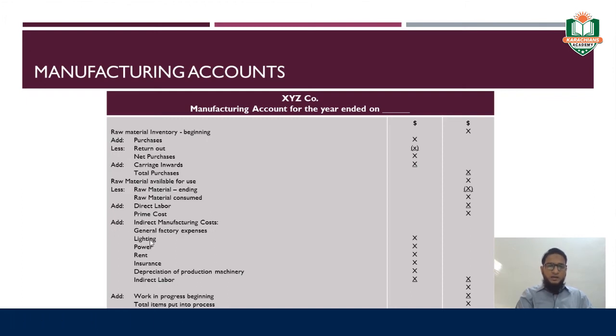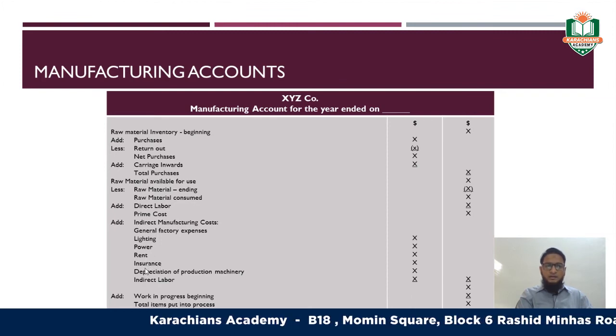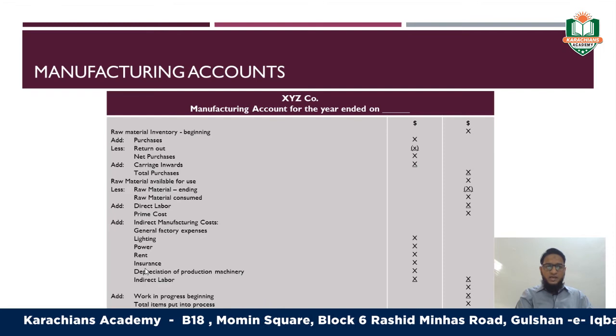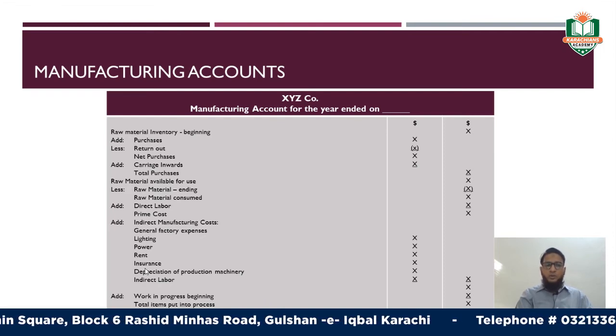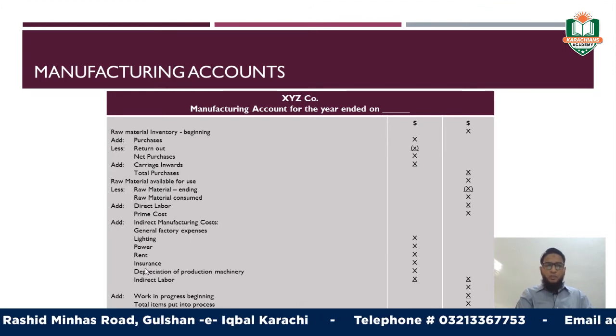I have written here some examples of indirect cost, right? The first one is the general factory expenses, the lighting expense, power, rent of the factory, insurance of the factory building, factory equipment, factory machines, any non-current asset which is linked with the factory.